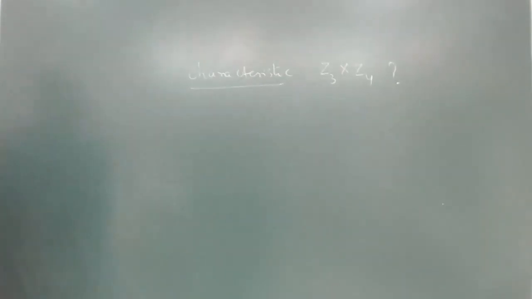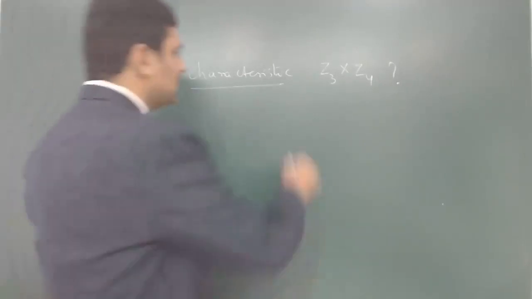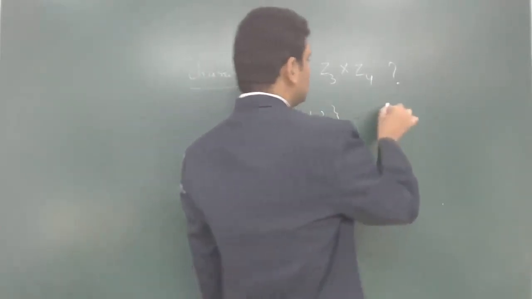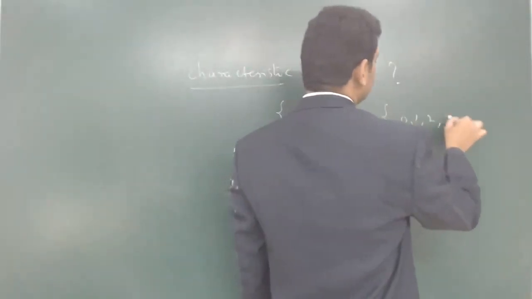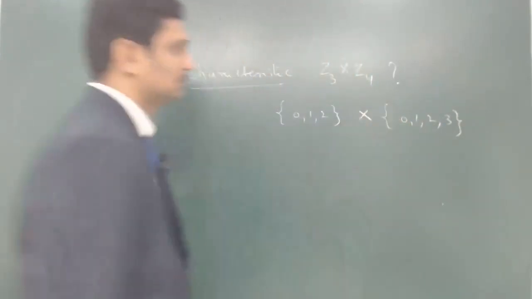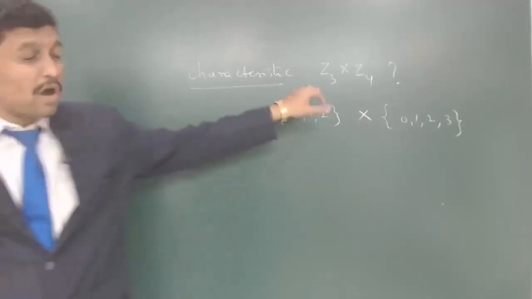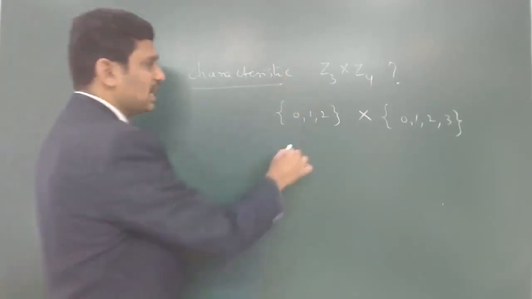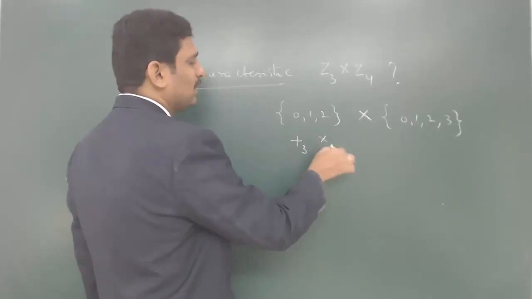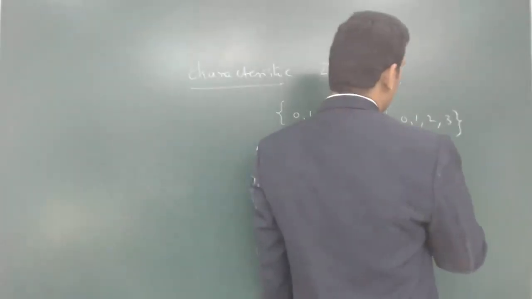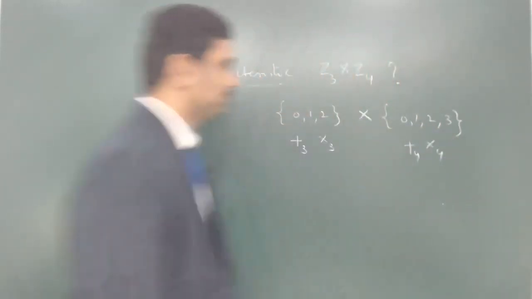Let us discuss. Now here Z3 is nothing but 0, 1, 2 and Z4 is nothing but 0, 1, 2, 3. You are taking the cross product between these two. On the first set, the operations are addition modulo 3 and multiplication modulo 3. On the second set, the operations are addition modulo 4 and multiplication modulo 4.